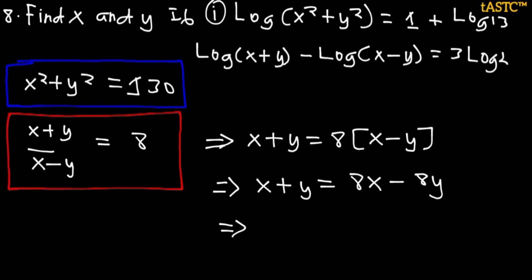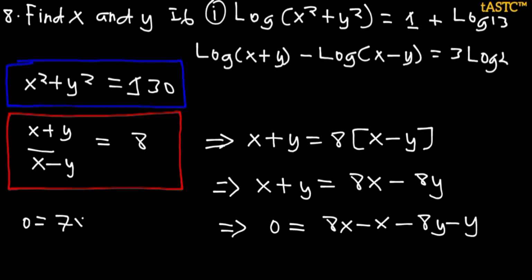So I just need to take it to this other side. This would leave us with 8x minus x minus 8y minus y. So 0 is going to be equal to 7x minus 9y. That is what you got.